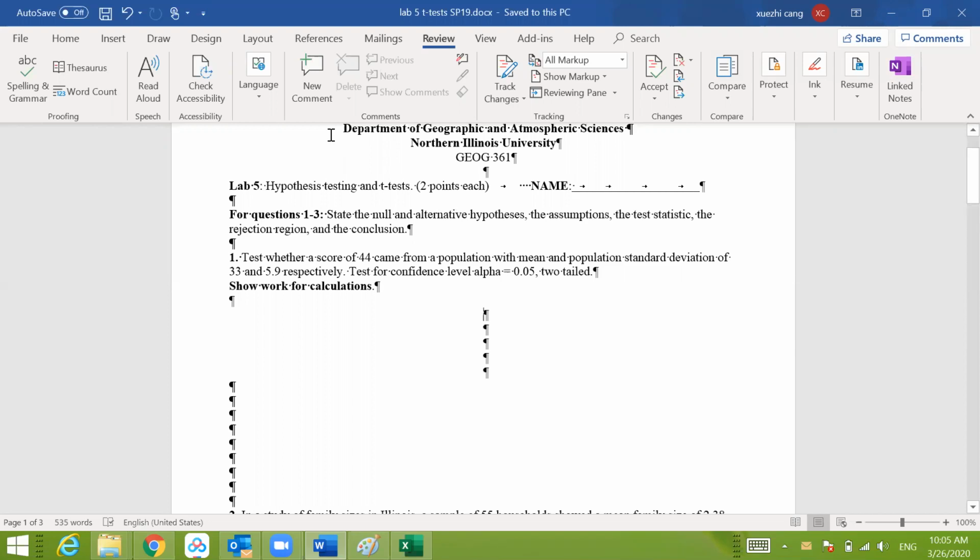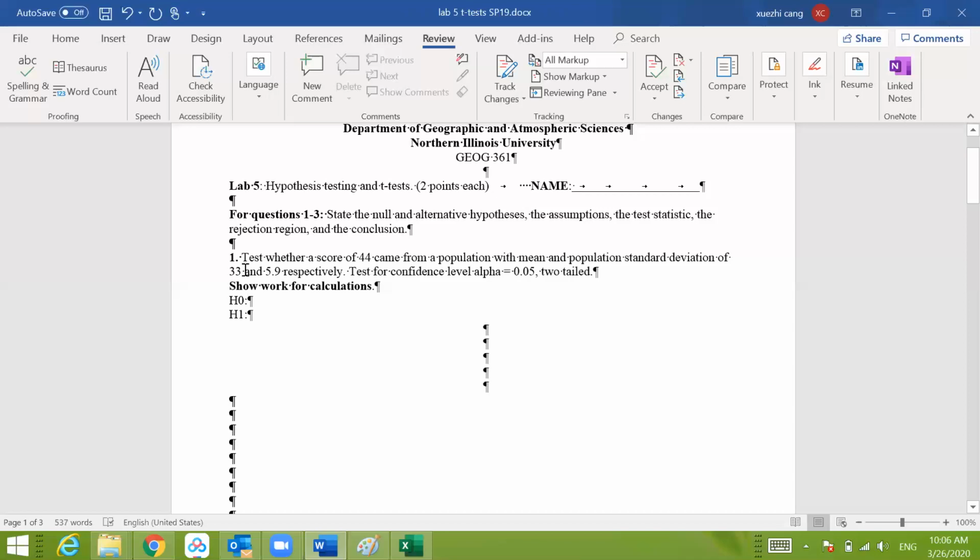Okay, let's go through this question. In this question, it asks you to test whether a score is from a population. So the first thing we need to do is write the null hypothesis and the alternative hypothesis.